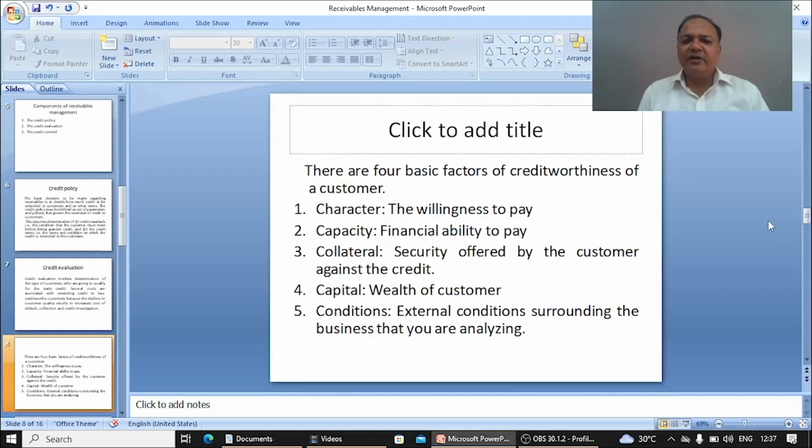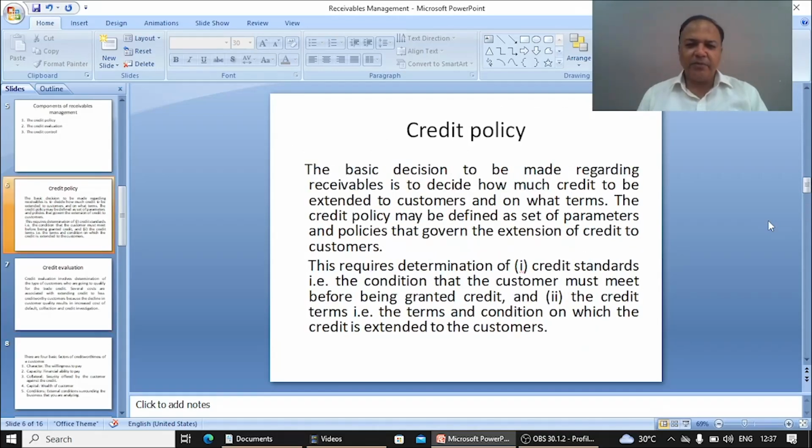So there are four basic factors of creditworthiness of a customer. Now, if we link this with the credit policy, number one, we have to check the ability of the customer. It was the credit policy where we have to set the determination of credit standard, meaning the condition that a customer must meet before being granted credit.